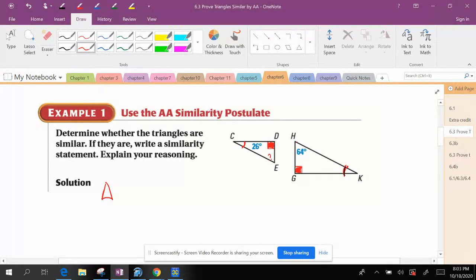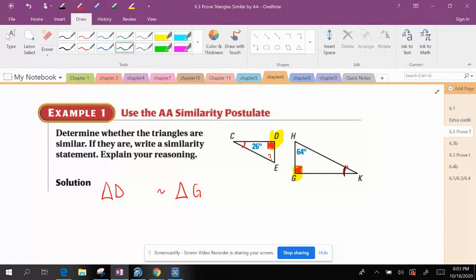So I'm going to get a little head start on my similarity statement, and I'm going to put D and G because they are matching up already. C is 26 degrees. I don't know E. H is 64 degrees. I don't know K. But I'm given two measures inside my triangle. So is there a way that I could find the third missing angle?